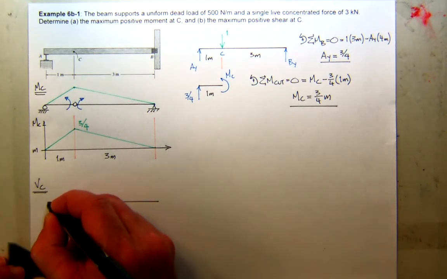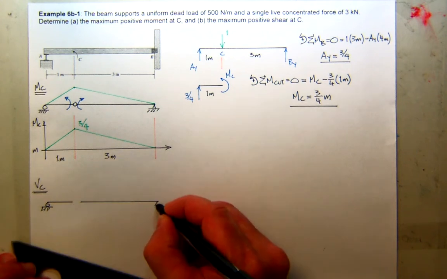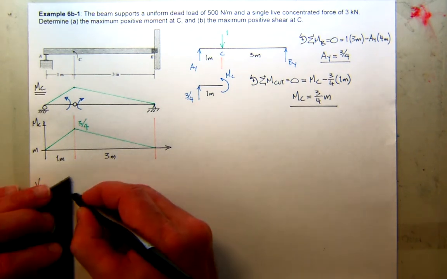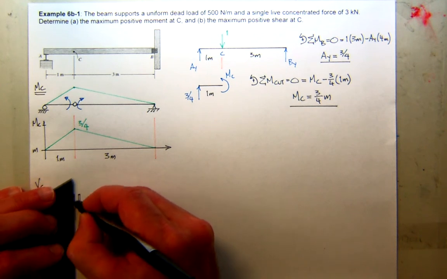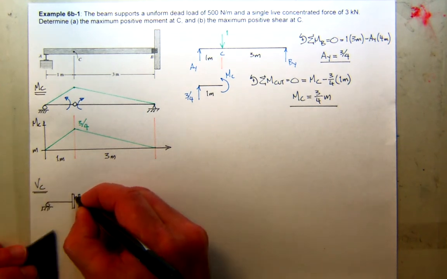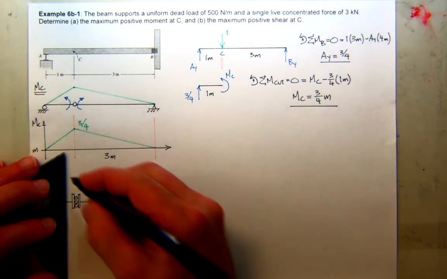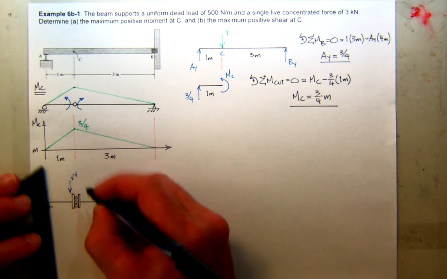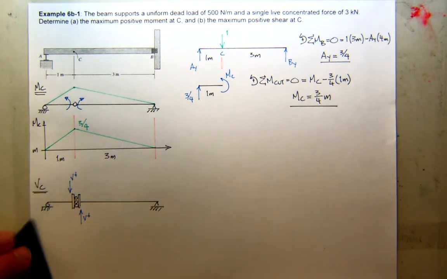It's still a roller at A and a pin at B. But now I'm going to put this strange shearless connection at C, right? And I'm going to apply positive shear on the left side and positive shear on the right side.